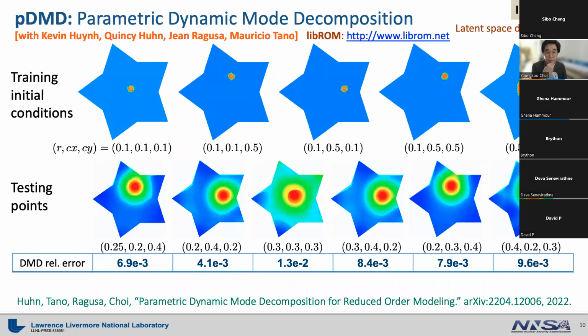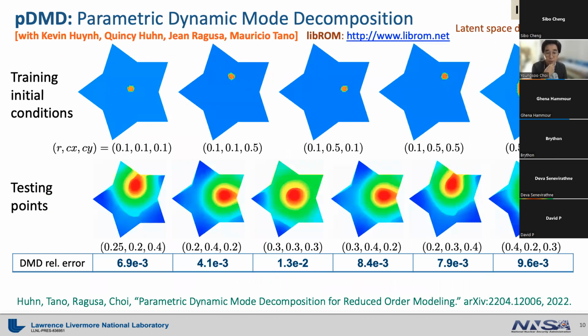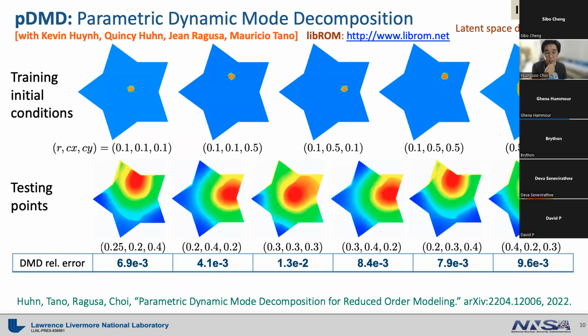The first DMD example is on the heat conduction problems. DMD can be parameterized easily by interpolating DMD operators. To demonstrate the parametric capability, we set 3 parameters, that is the radius of the circular initial condition and the x and y coordinates of the center of the circle.